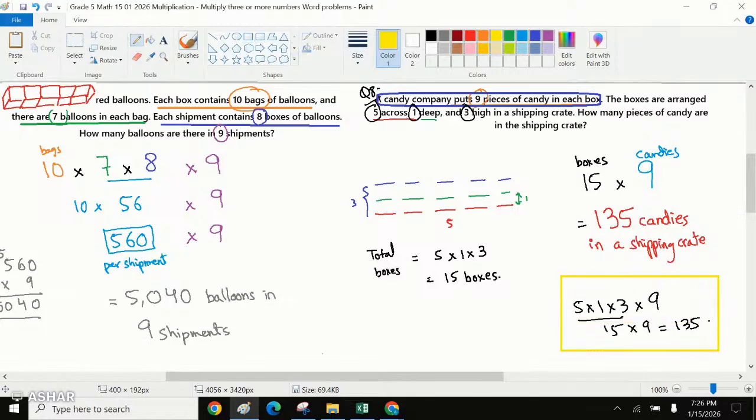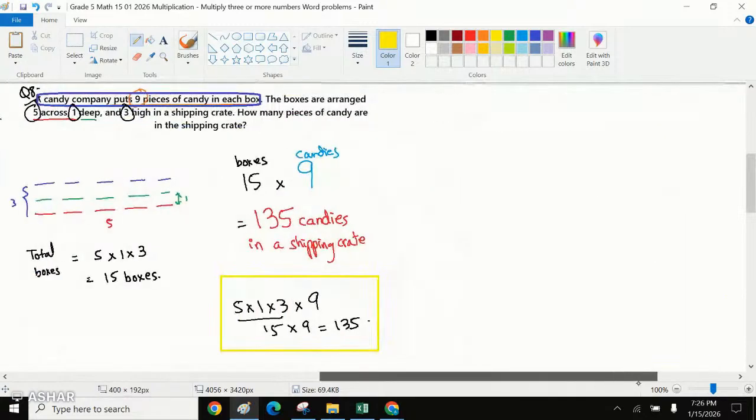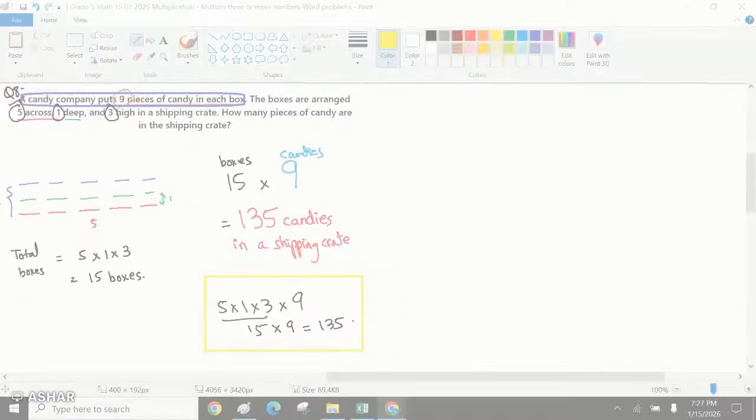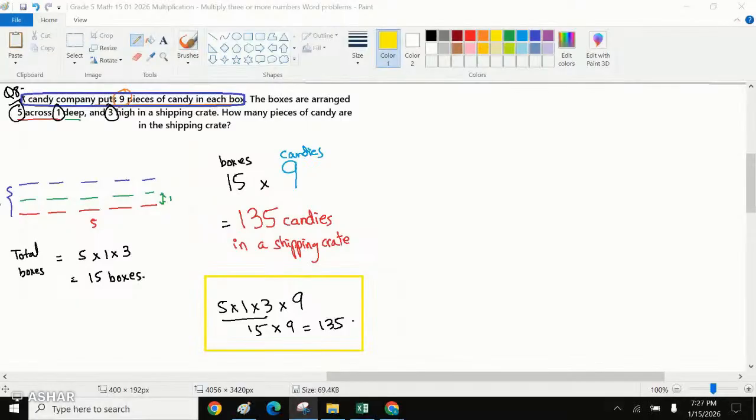Okay, let's have a look at the next question. The next question we have is, each school bus has 4 rows. Okay, let's see, we're talking about buses and rows and the seating capacity.